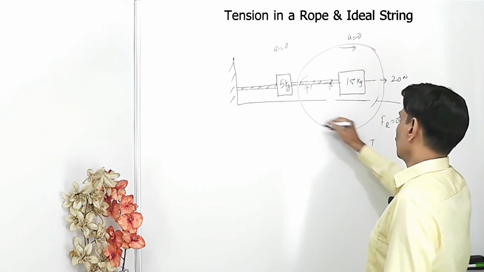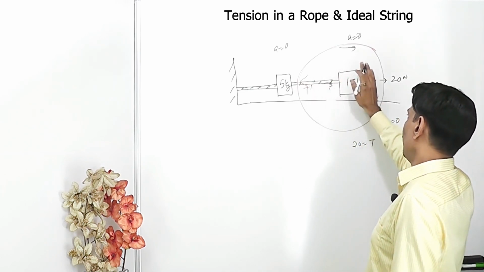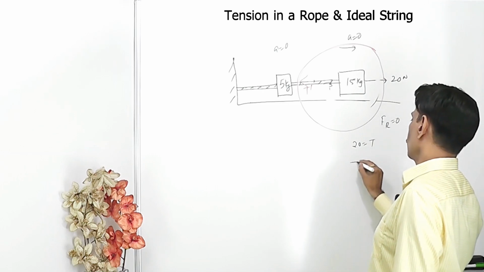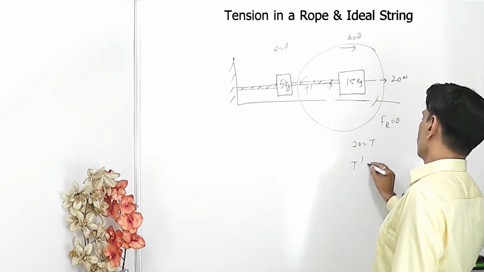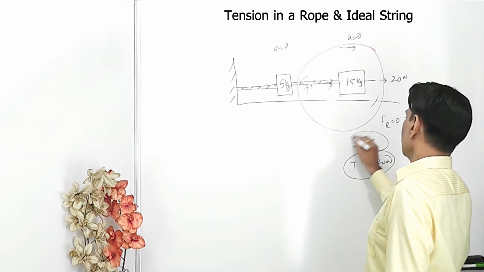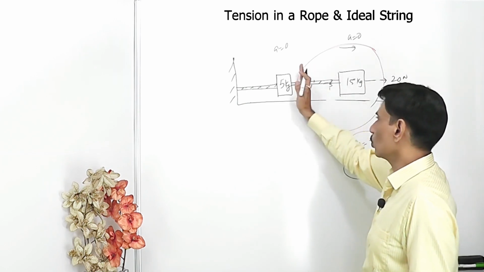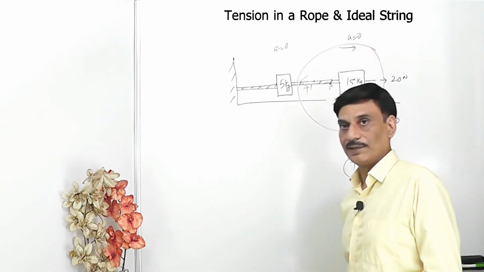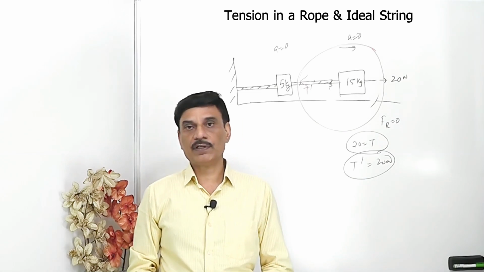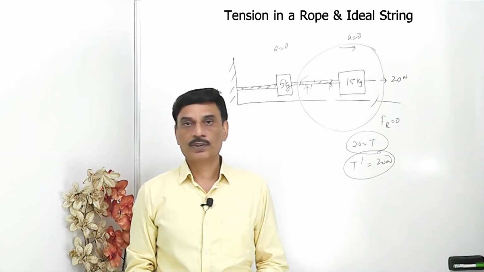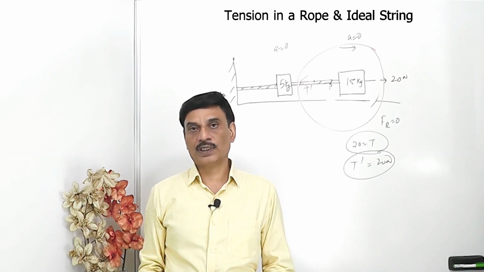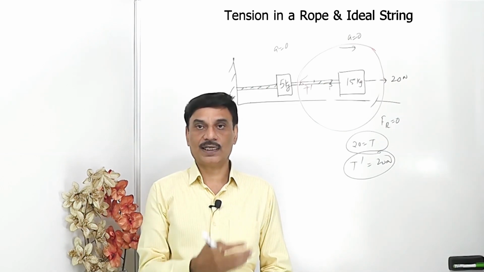Once again the acceleration is equal to 0, which means T dash has to be equal to 20 Newton. So in this case, the tension is the same throughout the length when it is not accelerating. In all cases, wherever you have a string or a rope, you will use this concept accordingly to find the tension at the appropriate length.